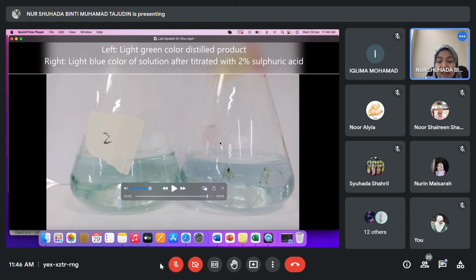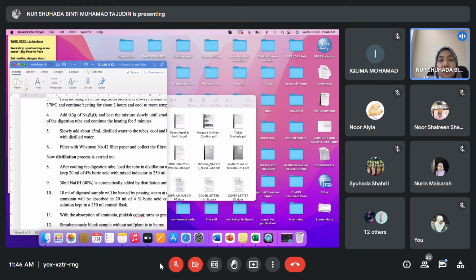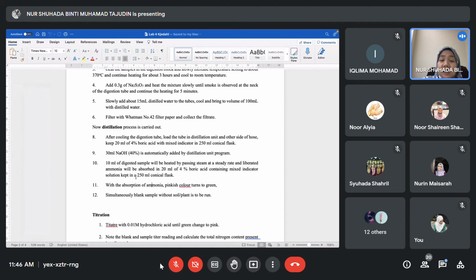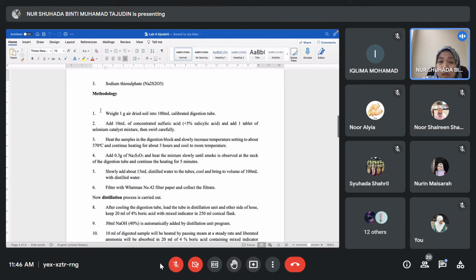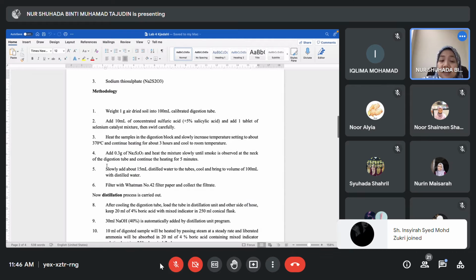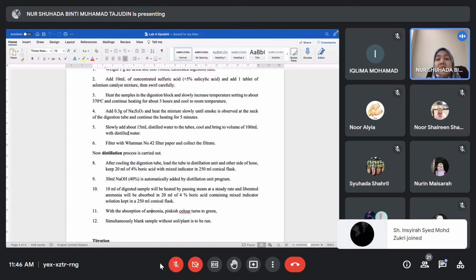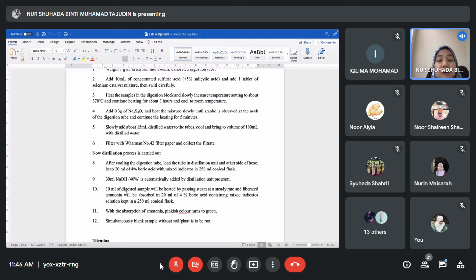However, it indicates the changes lah. So that is the process. The process involve two benda. Satu, kita digest sample tu pakai sulfuric acid. Lepas digest, kita filter dia dan kita letak air. Then kita carry out the process what we call as distillation process.